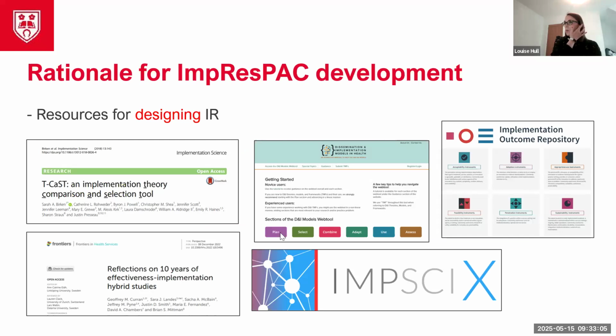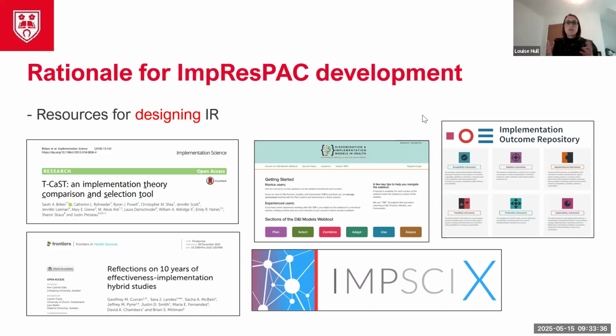So what was our rationale for developing ImpResPAC? Well, as Rachel mentioned, there are a number of resources that have been developed to support research teams to design high quality implementation research, ImpRes being one of them. And there's a number of resources that have been designed to support the design of very specific elements of implementation research. So, for example, the implementation outcome repository that I designed with colleagues at King's.